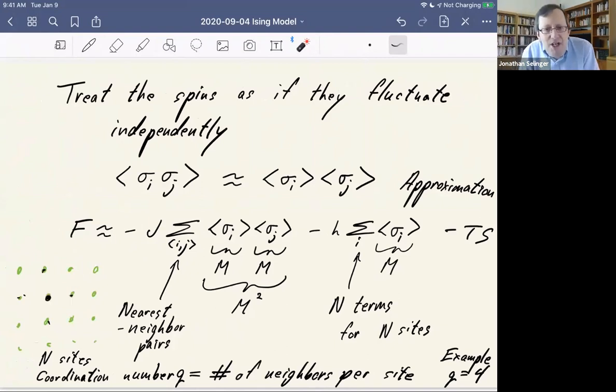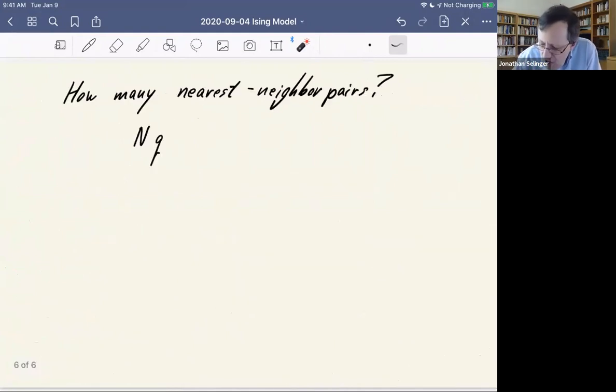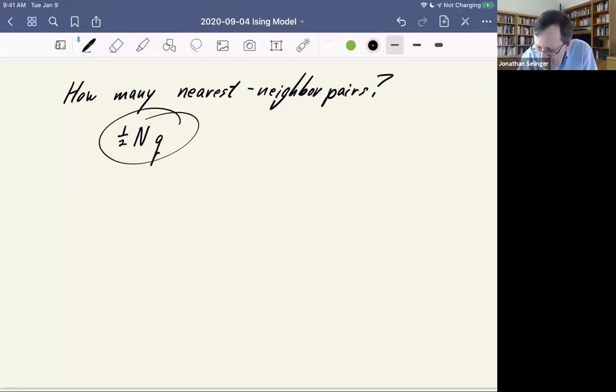And so NQ would be double counting, exactly a factor of 2. So to compensate for that, we should really multiply by 1/2. So there are 1/2 NQ nearest neighbor pairs in the whole system.